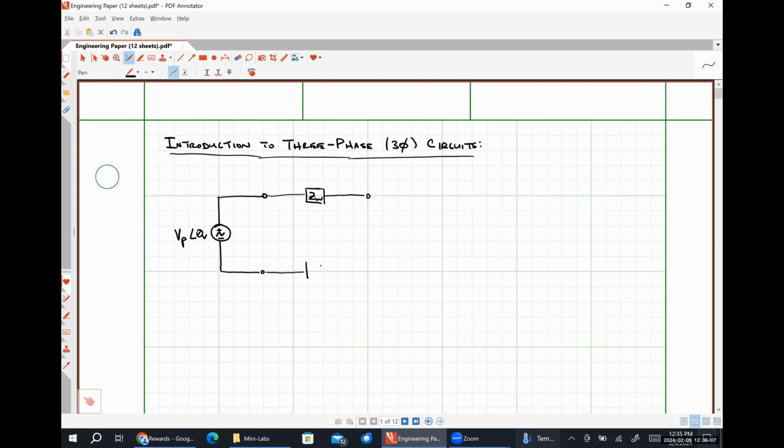This wire down here will have some impedance, which I'm going to call Z sub N. I've got another set of terminals. And then over here on the right-hand side, I have my connected load, which I'm just going to call some impedance Z sub L.